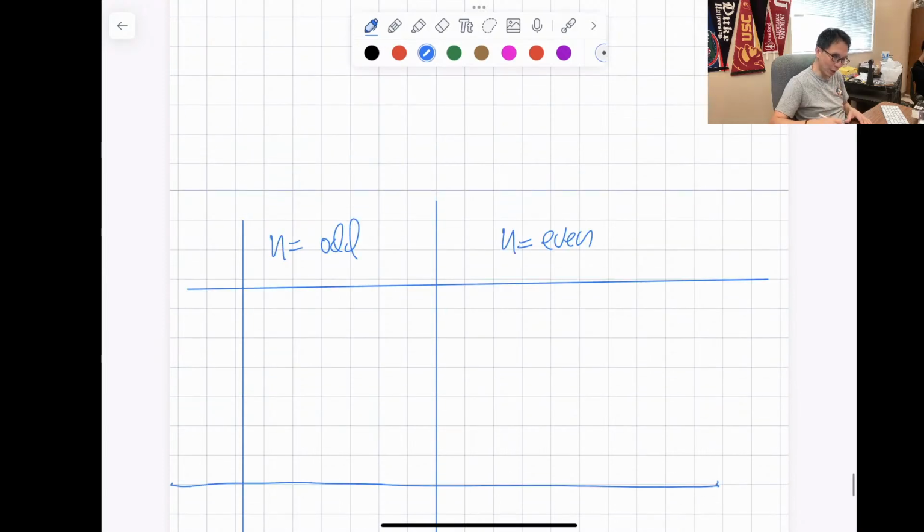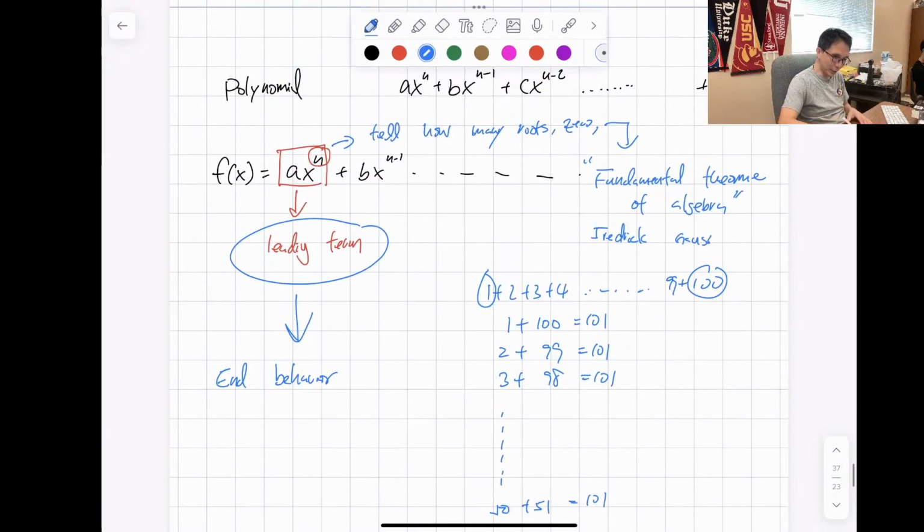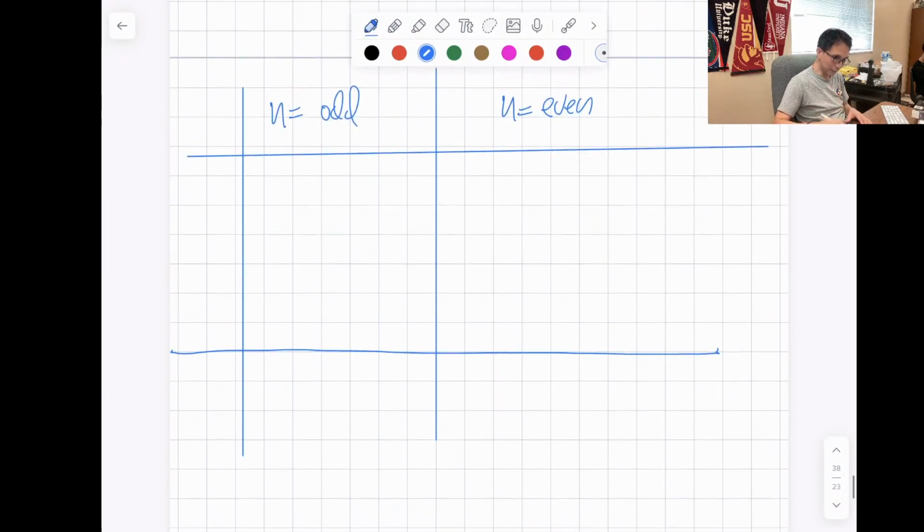Which n am I talking about? This n right here, that tells you how many solutions. Now a is equal to positive and a is equal to negative. It tells you everything.